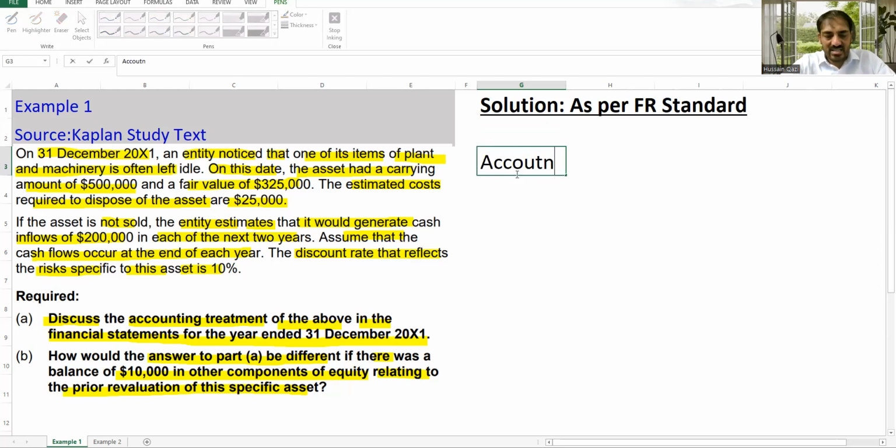We will directly start with the accounting treatment. For example, part A.